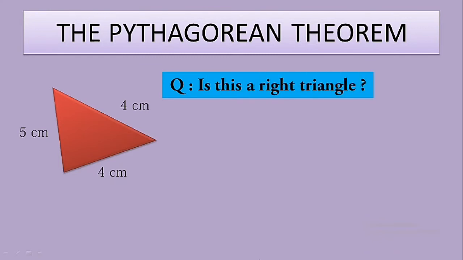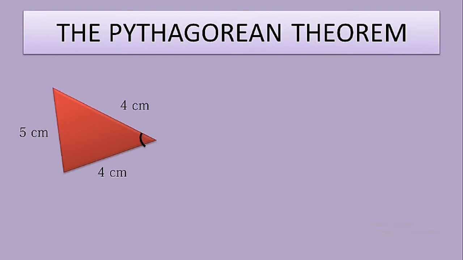Well, it looks a lot like a right triangle, but it doesn't have a right angle symbol, and it will be kind of hard to tell if this angle is exactly 90 degrees just by looking at it. Maybe it's close to 90, like 88.5 degrees or something. This triangle has sides 4, 4, and 5.